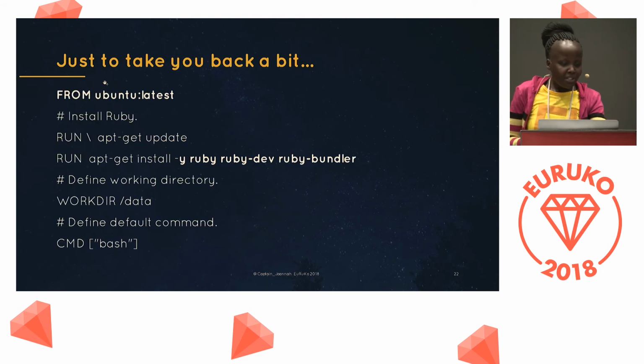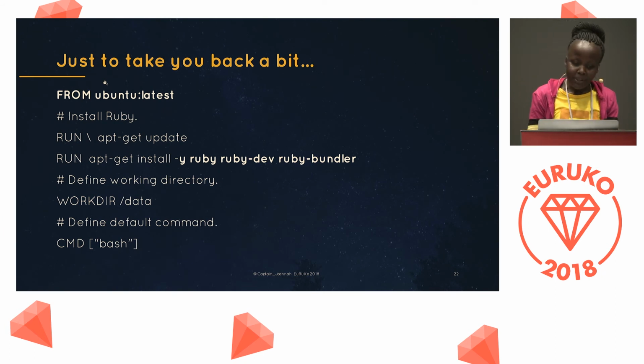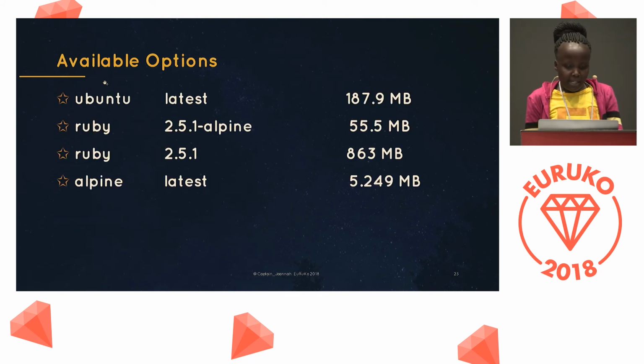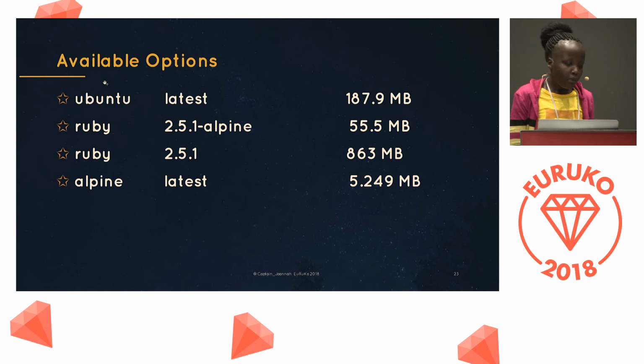So I just want to take you a little bit back. This is a sample Dockerfile, and I'm using the latest version of Ubuntu as my base image, and then I have other instructions to install Ruby, create some working directories, and execute some commands. This Dockerfile works fine. However, when we compare the sizes of the basic available options you have for base images, you have like 4 if you're working with Ruby.